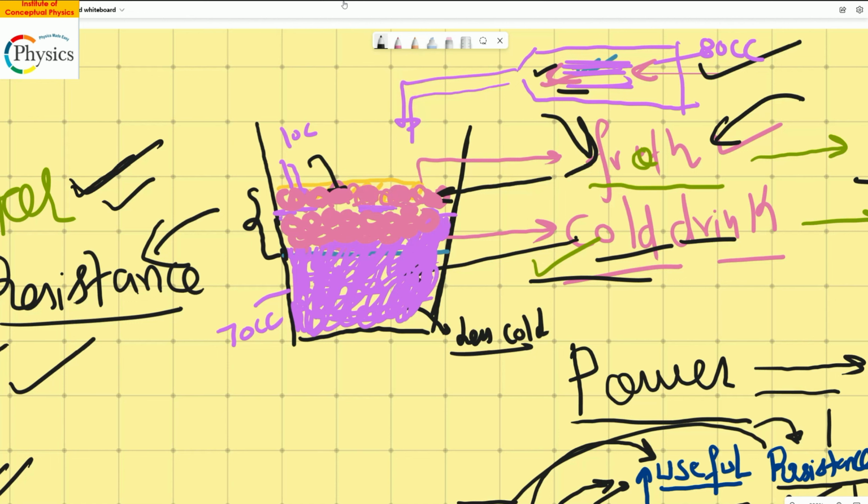So it was 80, right? Let's say now this becomes 50, the good useful cold drink. This is the useful part. 30 cc is the useless part. Same amount of cold drink. Similarly, in power, when power comes in, the useful and useless parts matter.